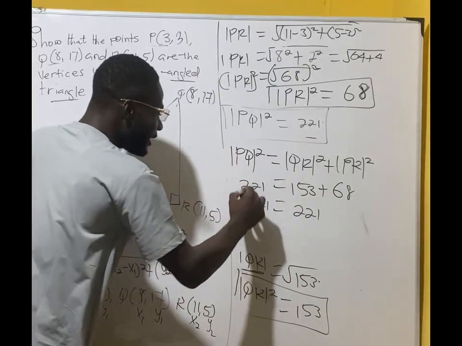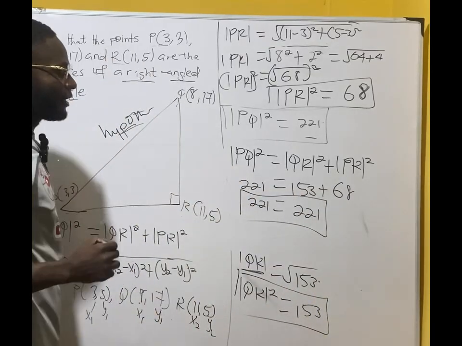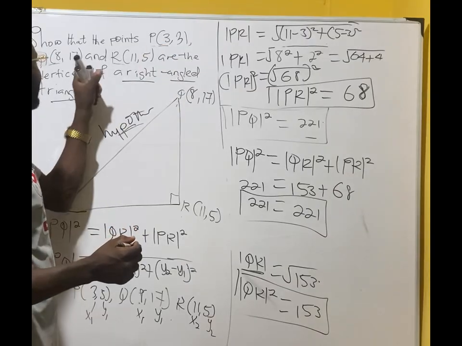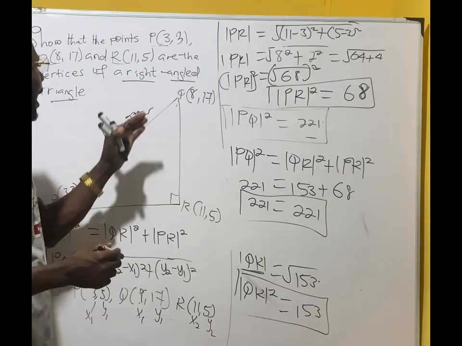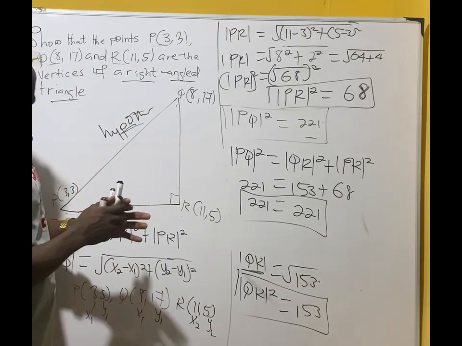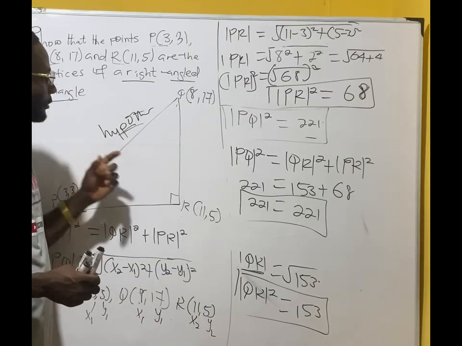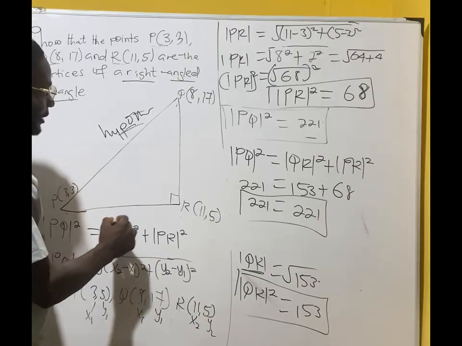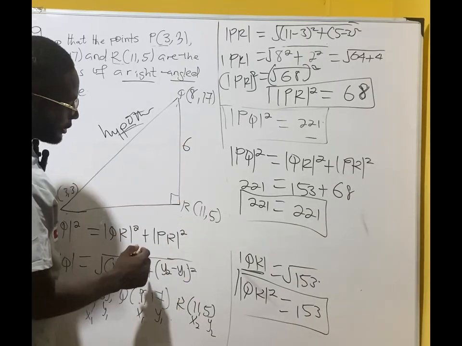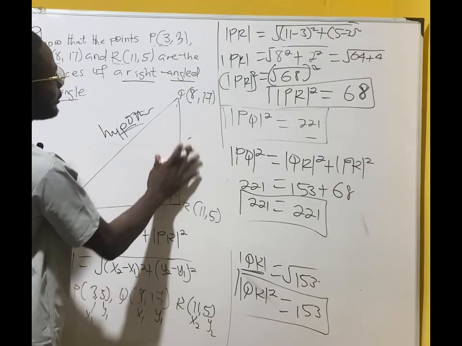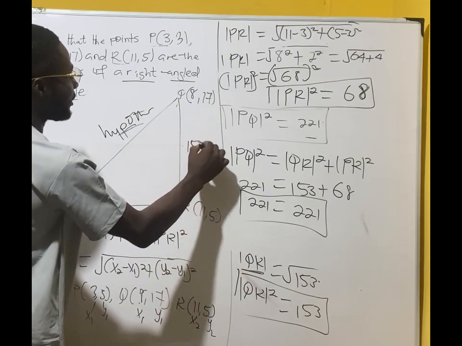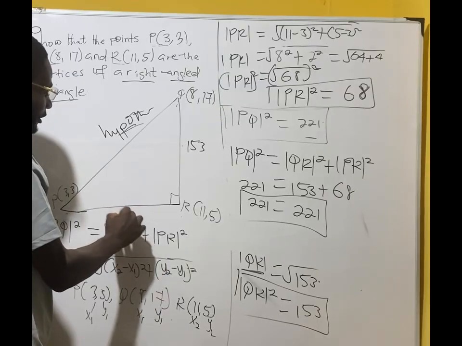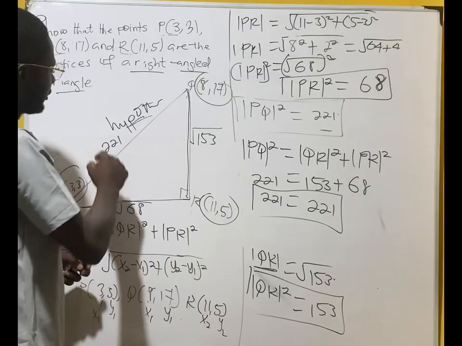So this indeed shows that the vertices P, Q, and R are the vertices of a right-angled triangle. Here we have 68, QR we had 153, and PQ squared is 221.